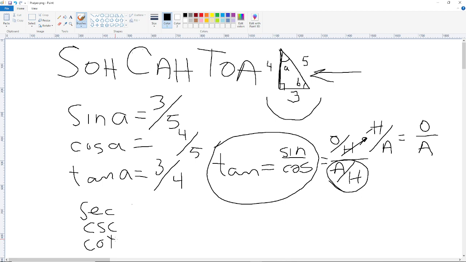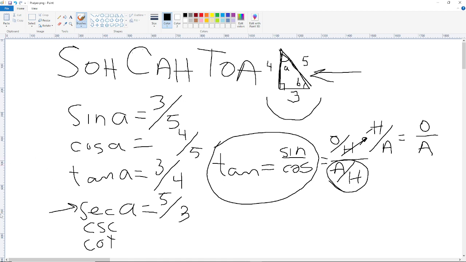So reciprocal means you flip it. Notice the sine of A is 3/5. The fraction flipped is 5/3.